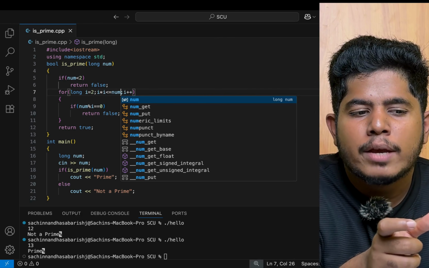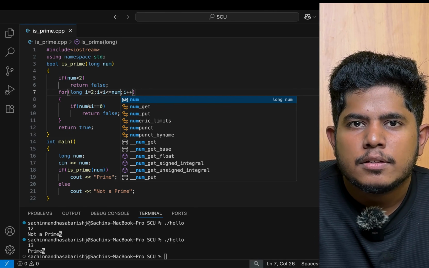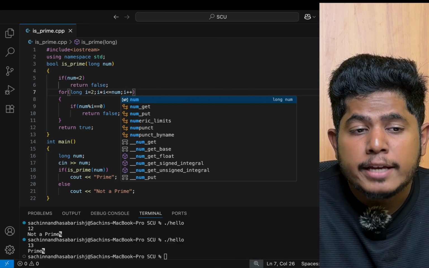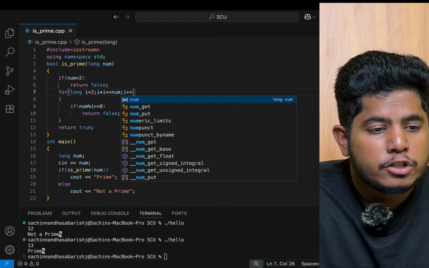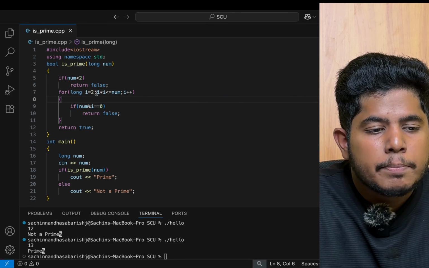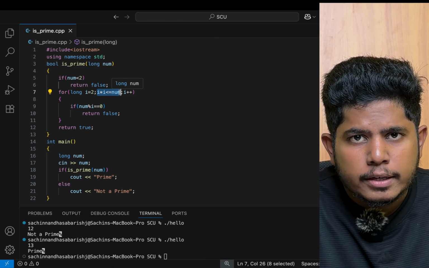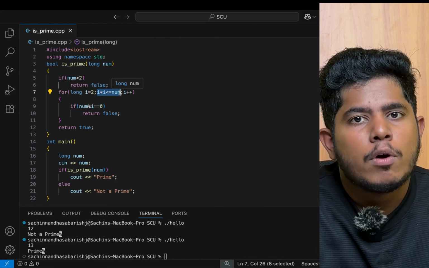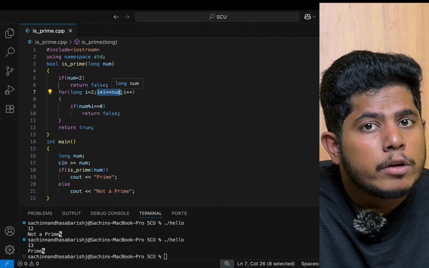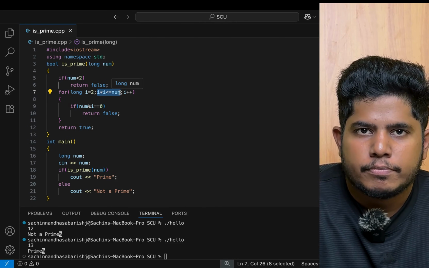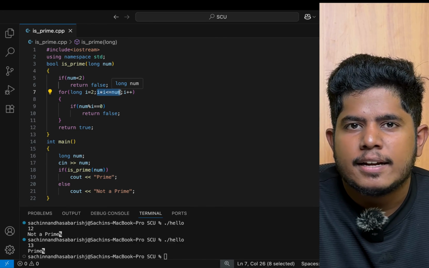And we also saw why we are writing this condition. That's the only change that we are going to do in terms of implementation. What that condition is doing is just checking whether the value of I is less than or equal to square root of num, which is what we need exactly.